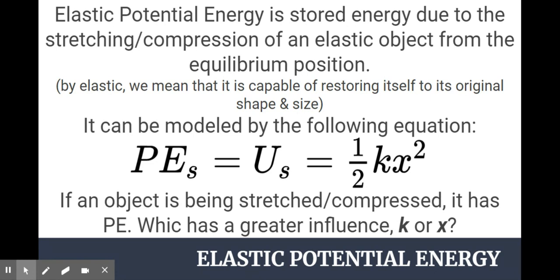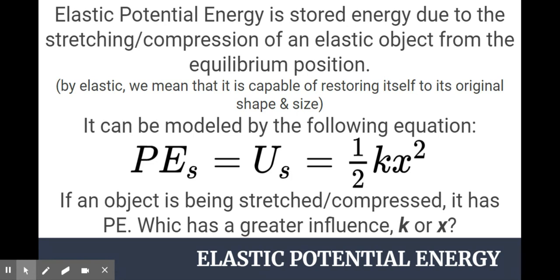Here's our equation. I'll get to equilibrium in a little bit. We use a capital U anytime we're talking about potential energy in general. Now this little s is what tells us that it's elastic potential energy. Some people think elastic has an S in it, so that reminds them.